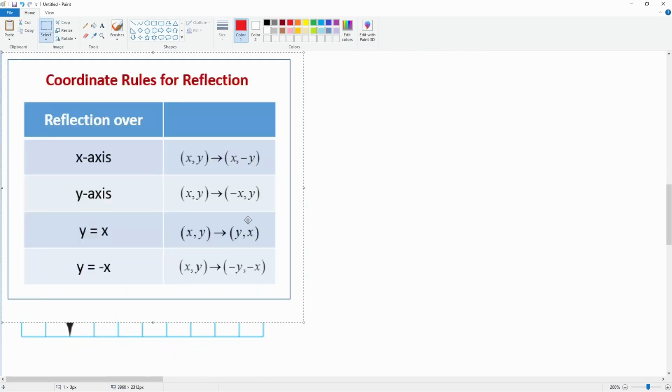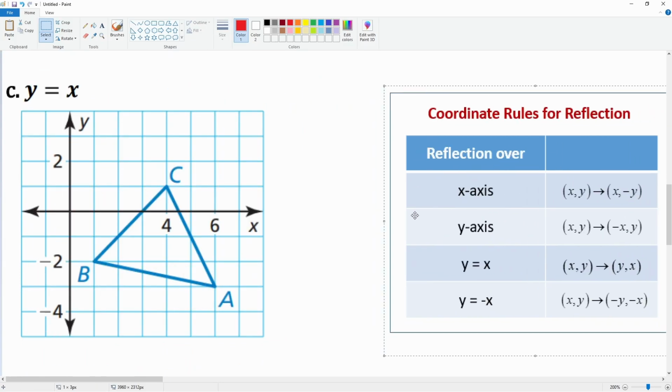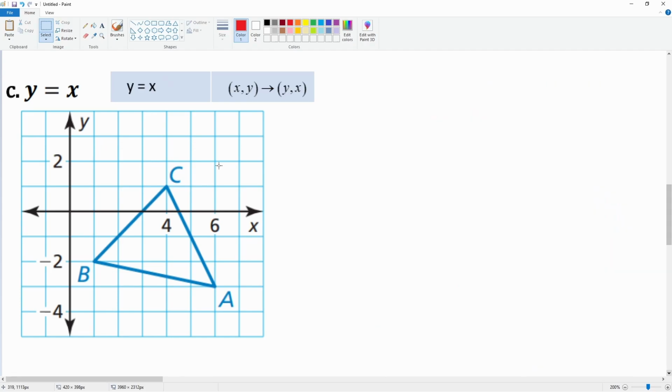Let's look at C, which is a reflection of the y = x, which is this rule. It looks like all we do is we just flip the order around. So let's get the original A. It is the value (6, -3).